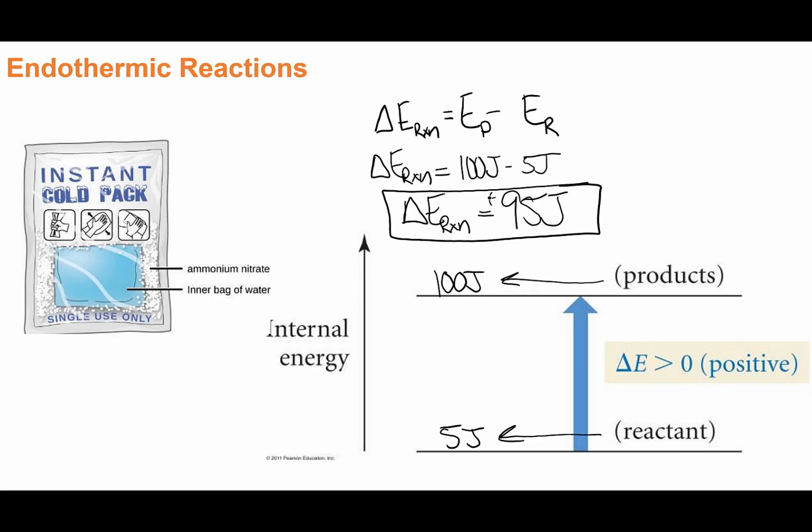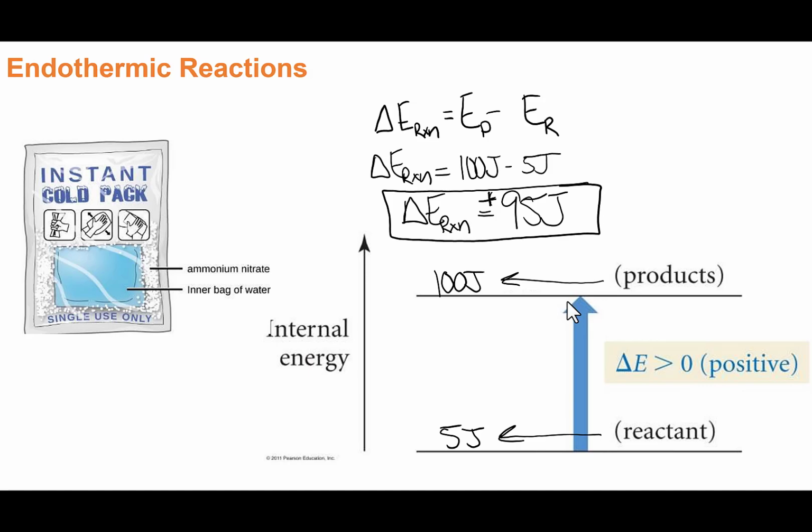So what does a positive energy change tell us? Well, a positive energy change tells us that we have to put energy into the system in order for it to react. We can look at this as kind of like climbing a ladder, going from low energy reactants to high energy products. To climb up that ladder, we'd have to put energy into that system. We'd have to apply energy.